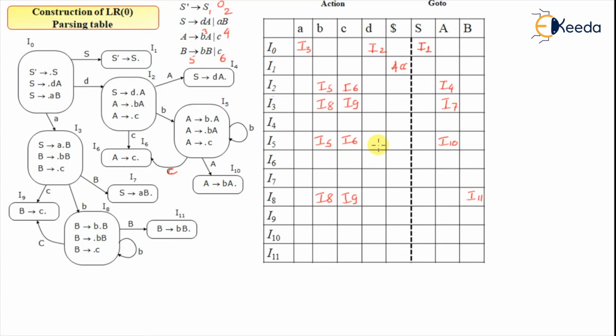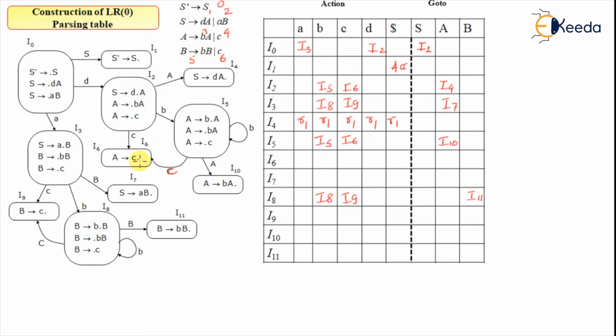Now filling up the parsing table entries, let's locate I4. I4 is DA dot, and DA has been numbered 1, so I'll write R1 everywhere in that row, no computation required.